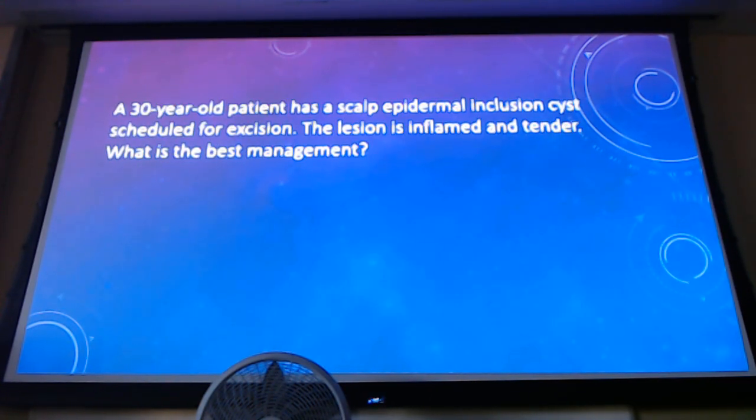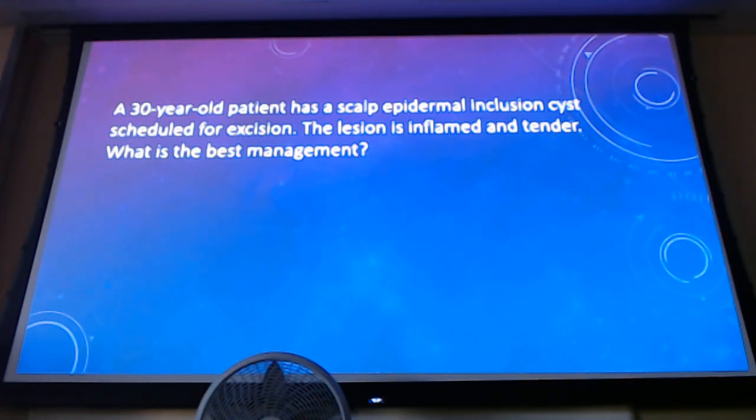Okay, you have a 30-year-old patient with a scalp cyst. The lesion is inflamed and tender. What's the best management? Depends. Drain it. If it's a sebaceous cyst, maybe you want to I&D it.